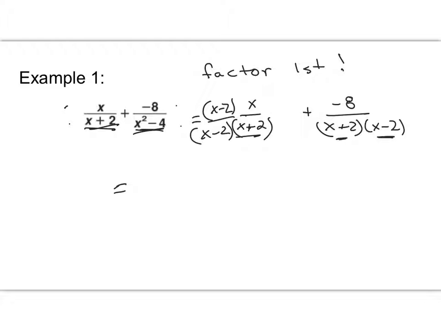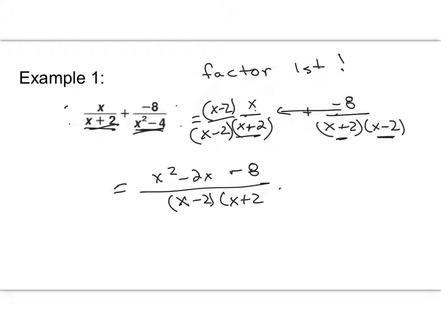Now I'm going to multiply this top out, and I get x squared minus 2x. And then I can go ahead and combine this minus 8 over x minus 2 times x plus 2.